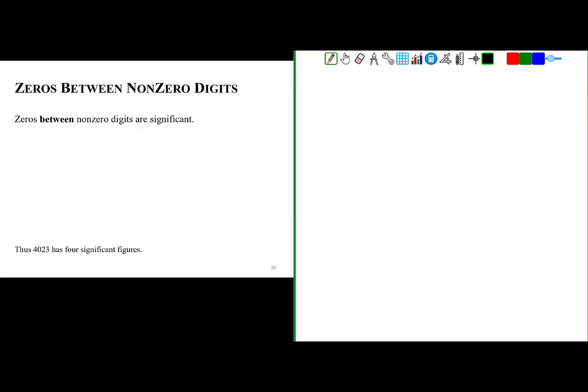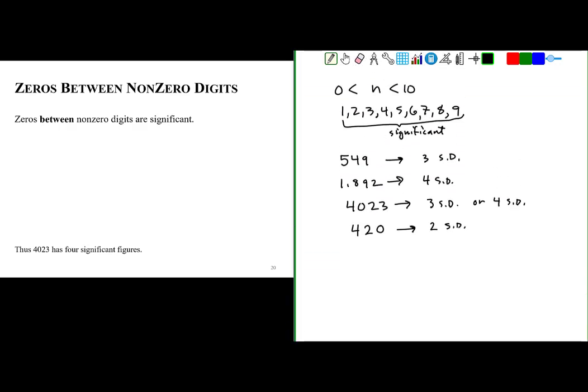Zeros between non-zero digits are significant. Okay, let's revisit the previous slide. This number 4023. Notice where the 0 is. The 0 is between non-zero digits. So anytime a 0 appears between non-zero digits, you count it as being significant.